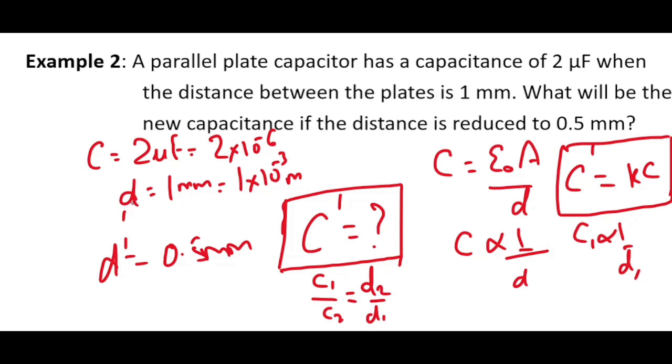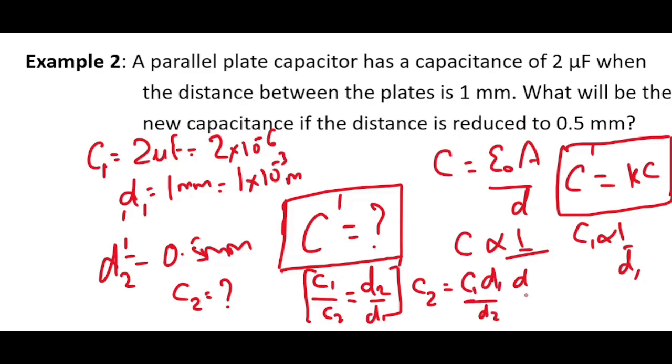Okay, you can see C1 is given, D1 is given, D2 is given. You have to find C2. Find C2 from here. C2 is C1 D1 upon D2. So find C2 from here.